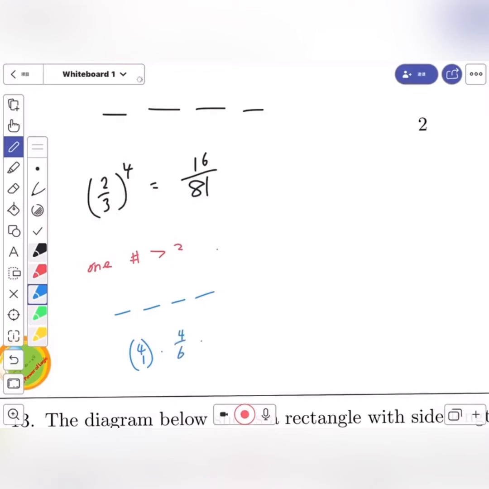Multiplied by the rest of them, it's just either 1 or 2, so 1/3 to the 3rd power. Now what if there's no number greater than 2, then there's plus 1/3 to the 4th.